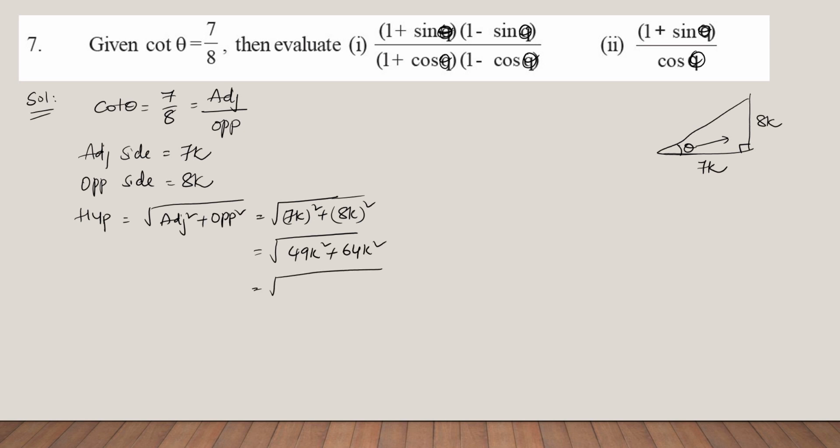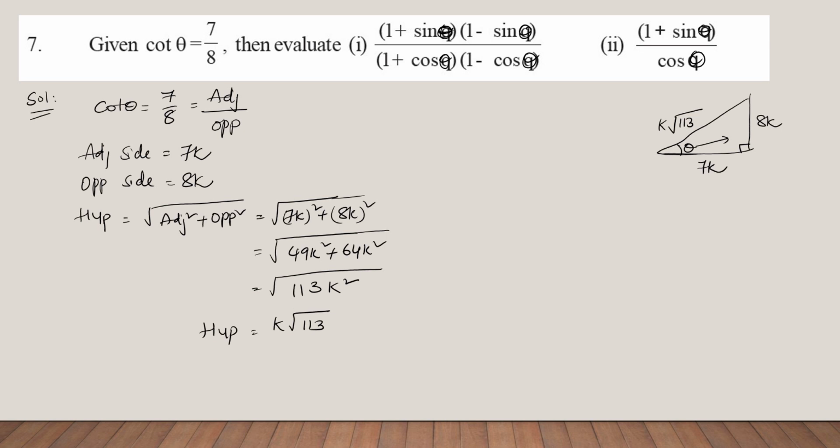Under the square root, that is 113k square, which gives me square root of 113 into k. So we can write it as k into square root of 113. This is my value of hypotenuse.